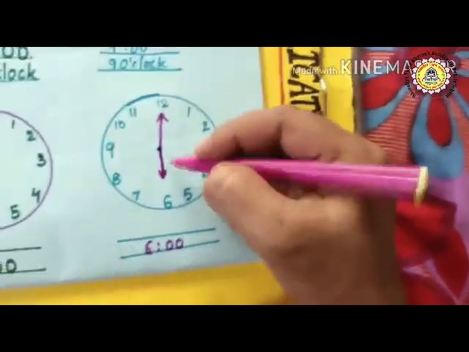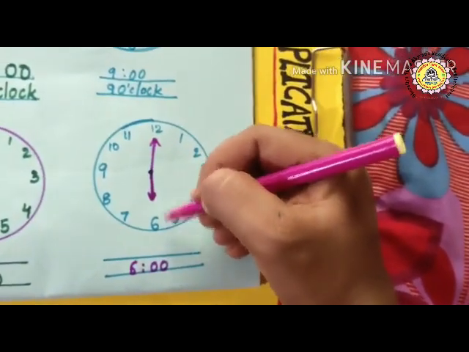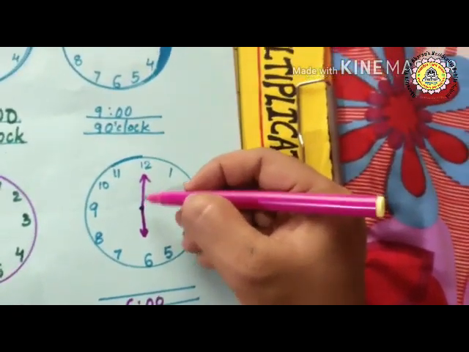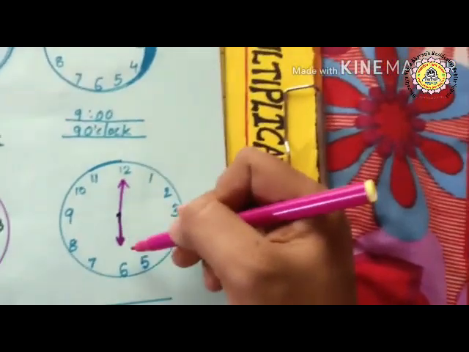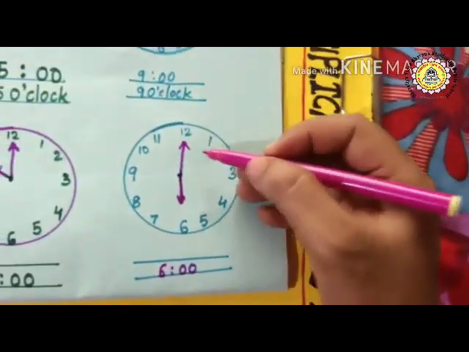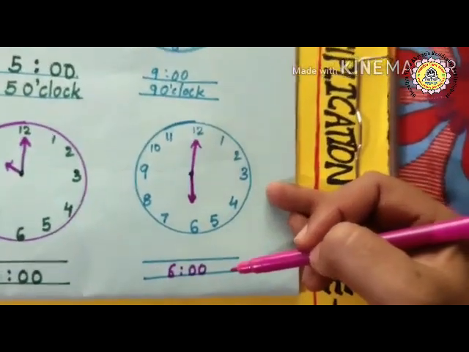Now see, here the hour hand points to 6 and the long hand points to 12. So now the time in this clock is 6 o'clock. What is the time in this clock, children? Yes, 6 o'clock.